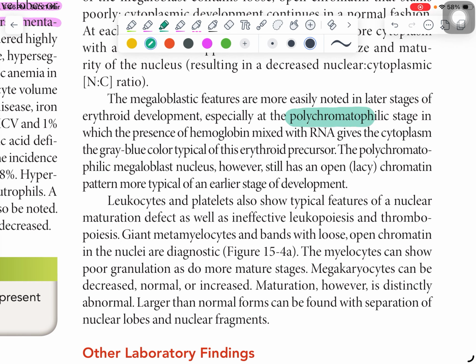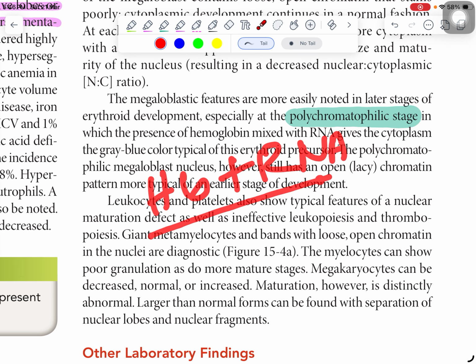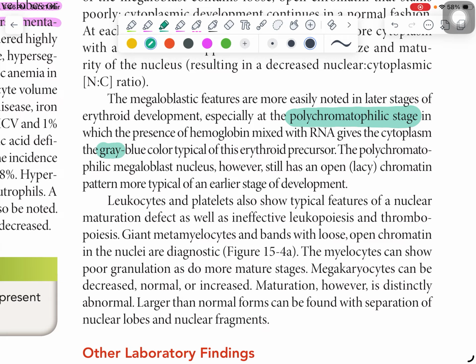At the polychromatophilic stage, this is the stage where megaloblastic features are perfectly noted, in which hemoglobin mixed with the RNA gives the cytoplasm a gray-blue color, typical of this erythroid precursor.